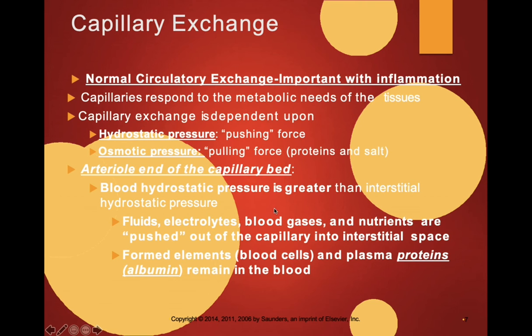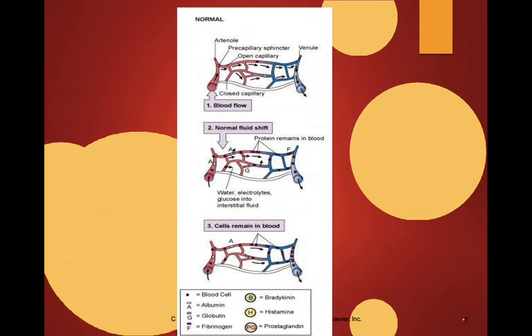So if we go back here, at the arterial end of the capillary bed, the blood hydrostatic pressure is greater than the interstitial hydrostatic pressure, meaning, again, the pressure here is greater than in these spaces. Okay, so it's going to push out.